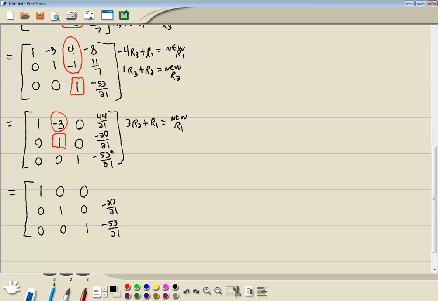Math, enter. Gives us -16 over 21. Let me double check that.